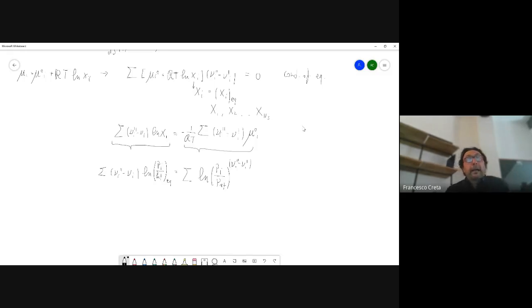And if you remember, the sum of the logarithms is equal to the logarithm of the product. We can write this as the natural logarithm of the product over i of these quantities here.